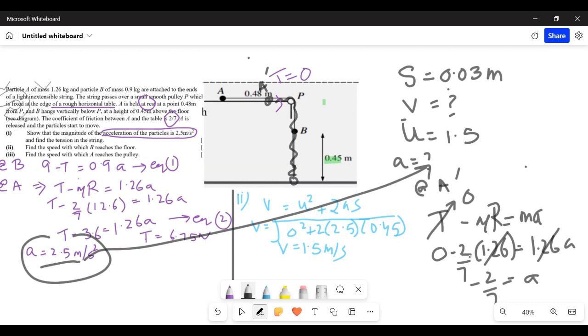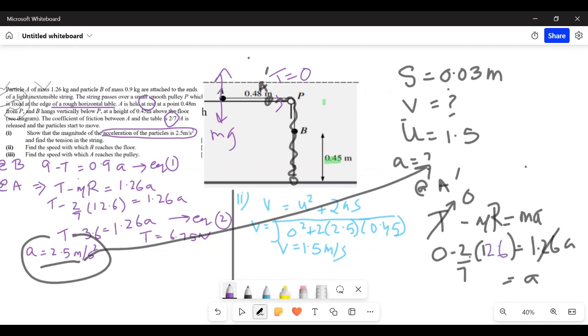Okay, A is coming out to be something else. Wait a second, I've made a mistake somewhere. Ma'am, isn't R supposed to be 12.6, not 1.26? Yes, exactly. That's why I'm getting a wrong answer. R is opposite to the weight, not the mass. So it was supposed to be 12.6.